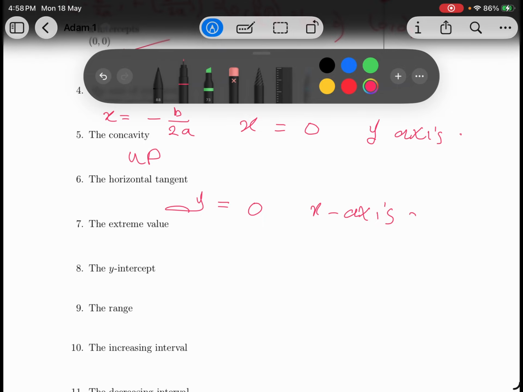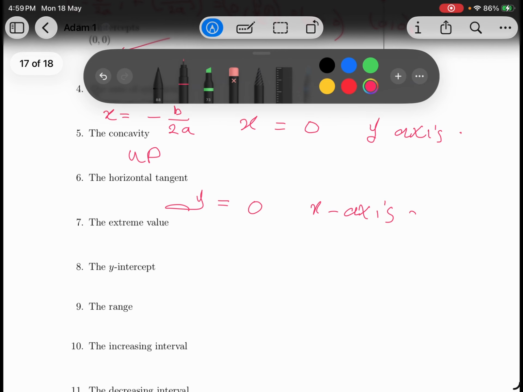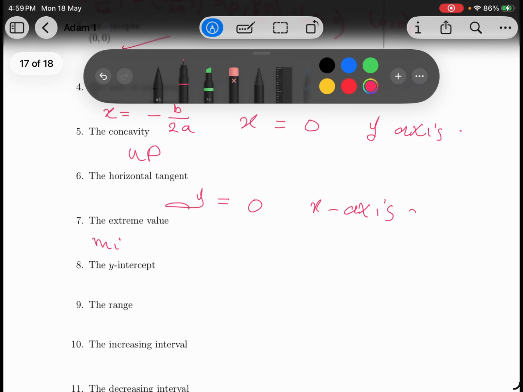And here the extreme, which is the lowest point, a minimum, because the lowest point on this curve is (0, 0). The minimum occurs at x equals 0, equal to what? To f of this, which is 0, the y coordinate of this vertex.